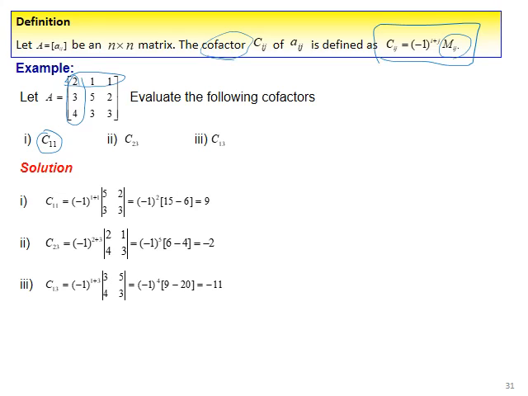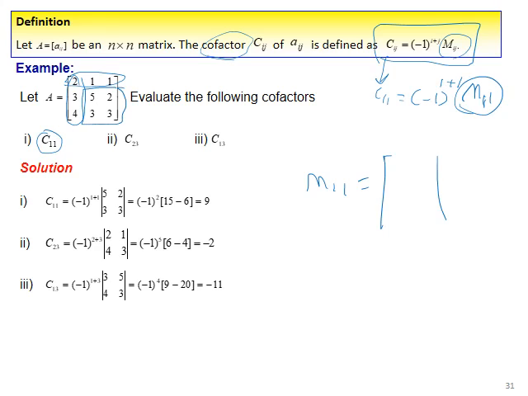C11 equals minus 1 to the power i plus j, it means 1 plus 1, times M11, right? How can we find M11? M11, as we said, is these elements, 5, 2, 3, 3. Which equals 5 by 3, 15, minus 2 by 3, 6, equal 9, as you can see here.